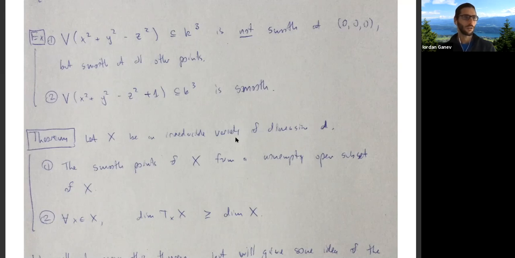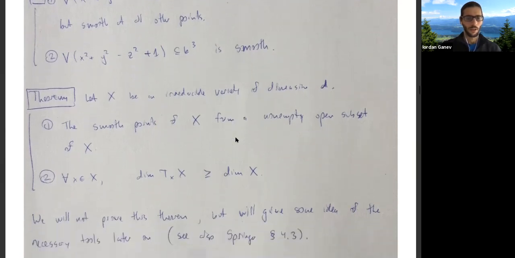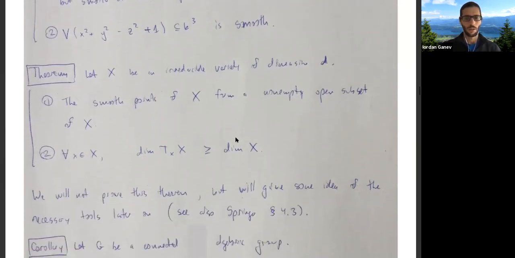There's still work to do, but you have to show that point is smooth, and then prove that smoothness is an open condition. So then that gives you that generically you would get an open subset of smooth points in X. Okay, but I won't say too much about the proof of this theorem.